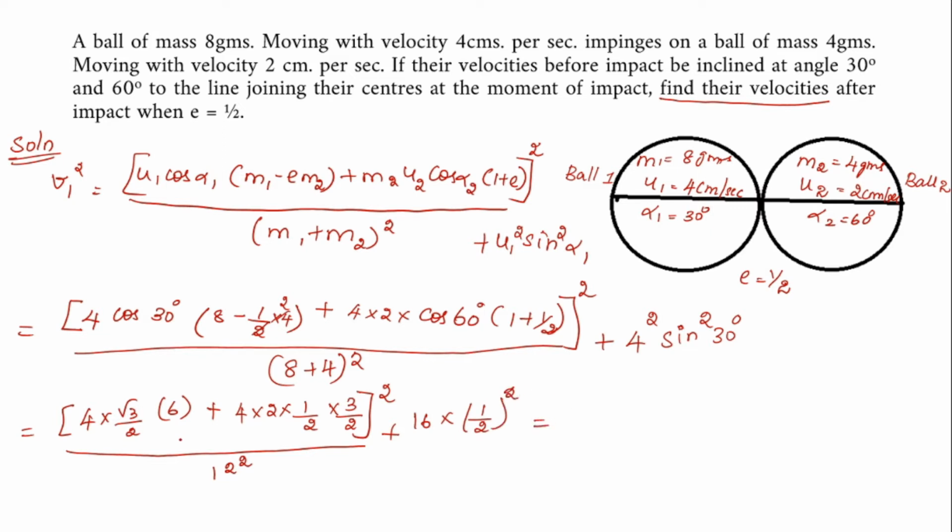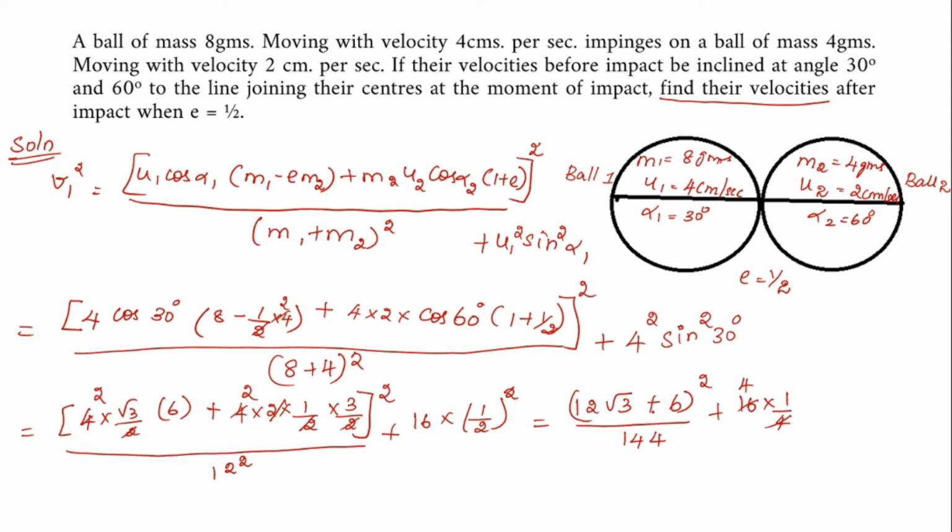So this 4 and 2 will get cancelled. We get 12 root 3, plus this 2 and 2 will get cancelled and remaining you will have 2, 2 3s are 6. So plus 6, the whole square, divided by 12 square, which is 144, plus 16 into 1 by 4. When these two terms get cancelled, it will be 4. See, it is (a plus b) the whole square, so we can expand the term to find the answer.